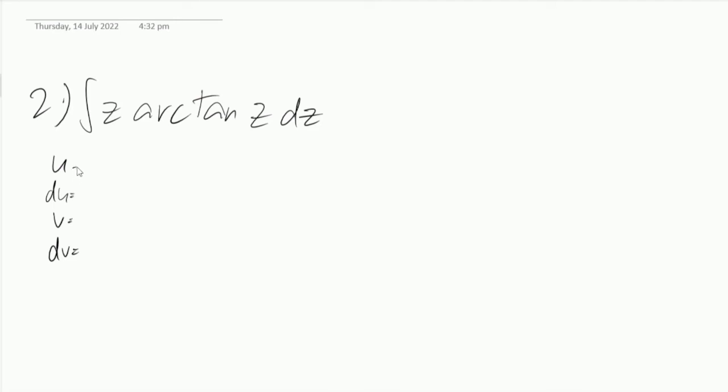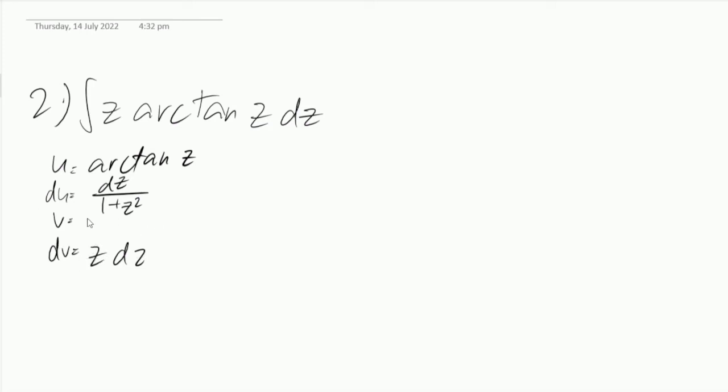We can get u and dv from this function here. So u will be arctan z. Its derivative is dz all over 1 plus z squared. And then for dv we have z dz, and if we find the integral of z dz, it will become one half z squared.